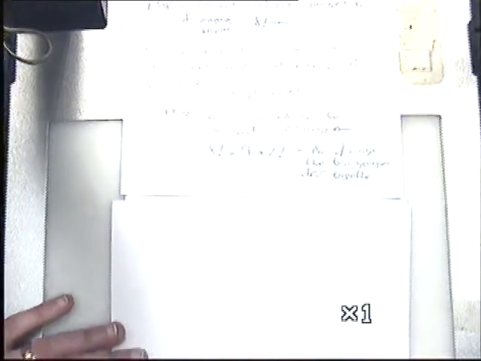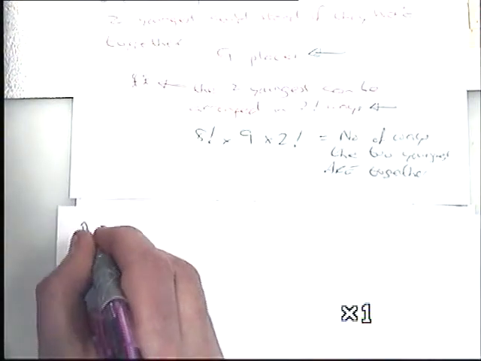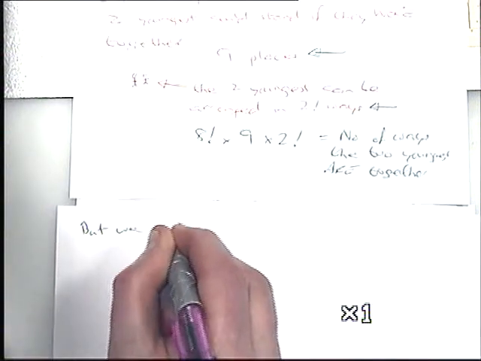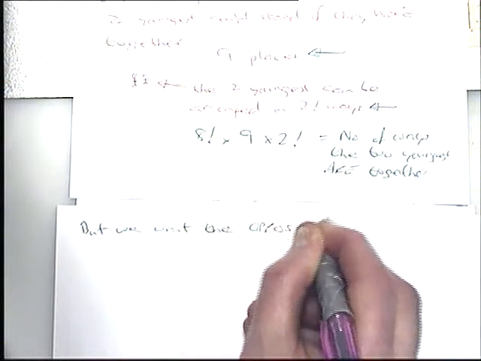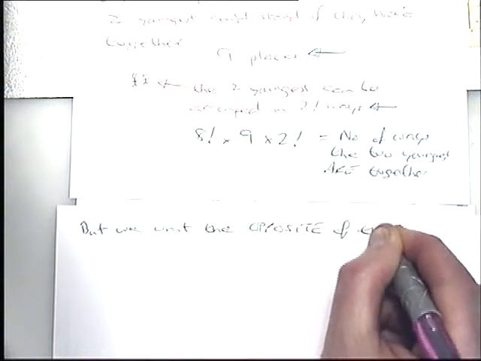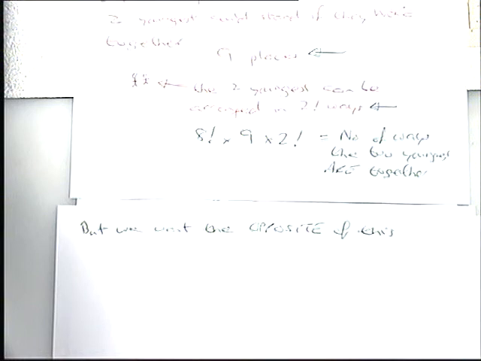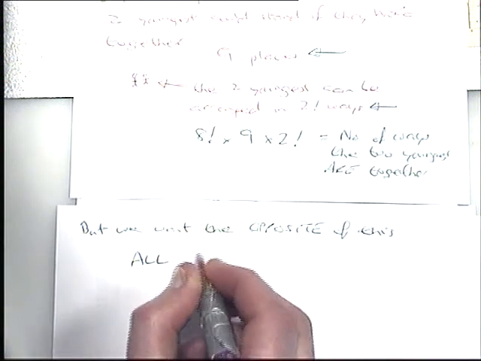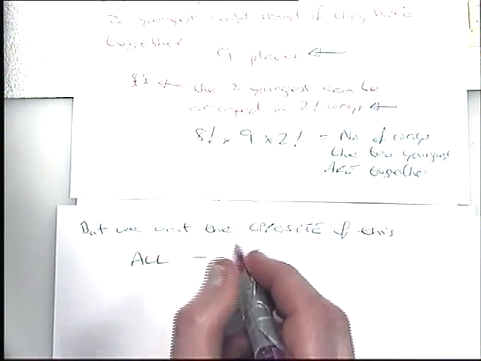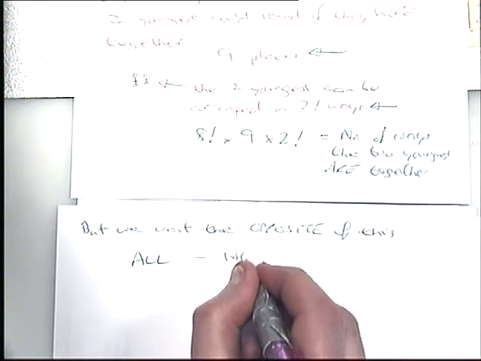What we want is them not together, which is the opposite of this. In probability, the opposite is 1 minus, but here, the opposite is everything, or all, take away what we've just got.